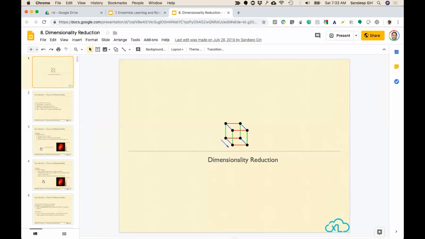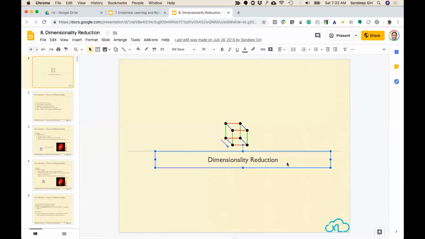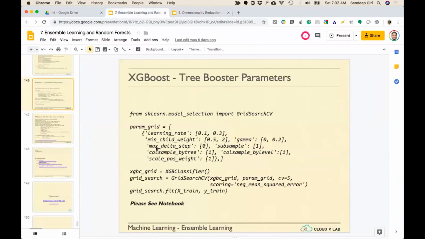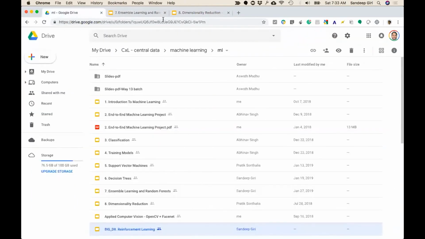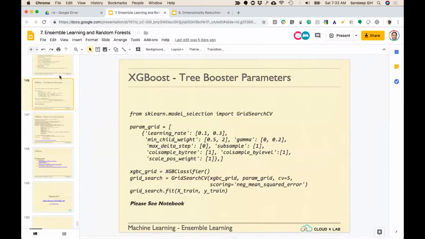Okay, sure. What I'll do is I'll separate them, which part I can share.